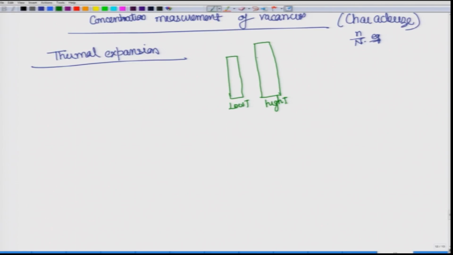There will obviously be an increase in the length, a delta L; actually what would change is delta V. So, the volume has increased. Now, this increase in volume can be attributed to two different aspects. One is the thermal expansion, meaning your lattice parameter has increased, and another is the increase in vacancies.